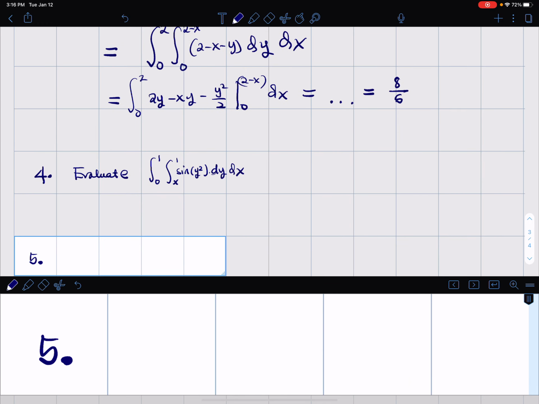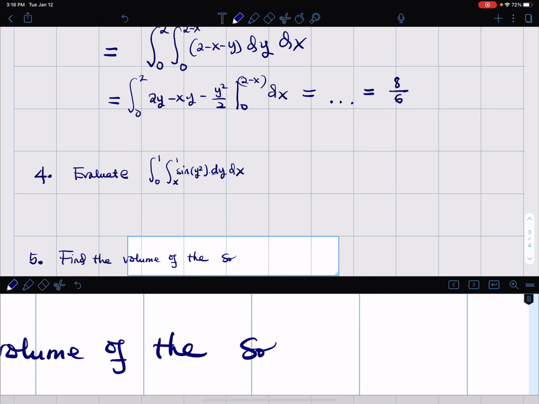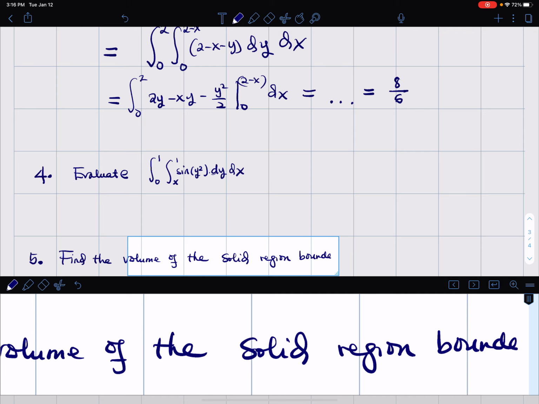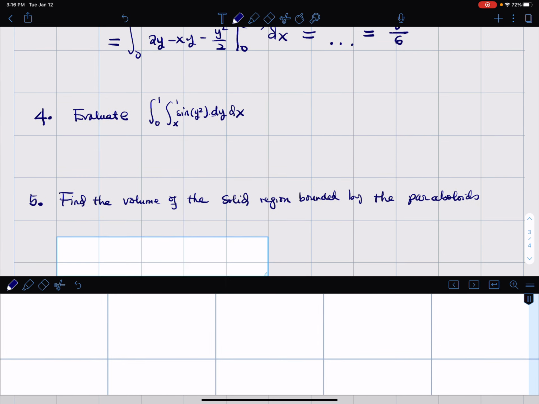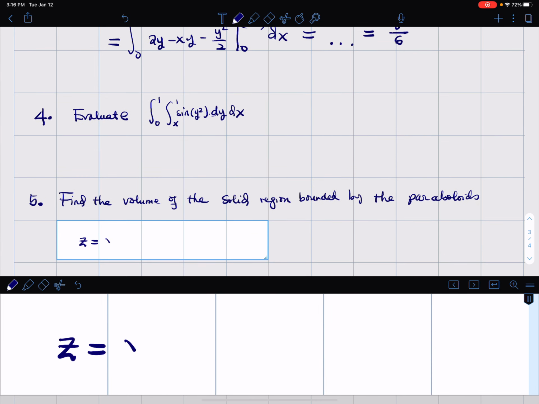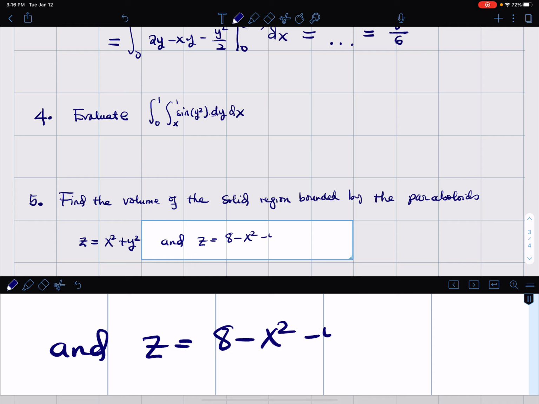All right. The next one is I want you to find the volume of the solid region bounded by the paraboloids z equals x squared plus y squared, and z equals 8 minus x squared minus y squared.